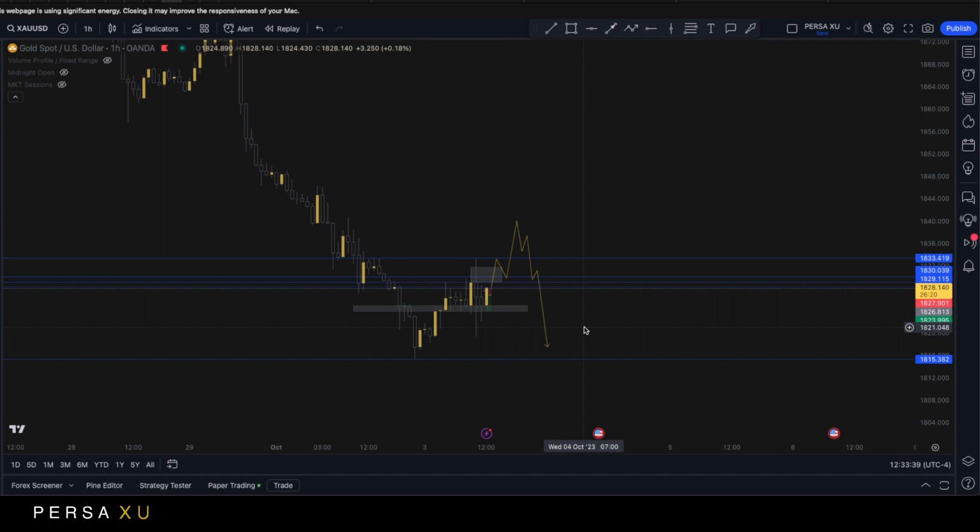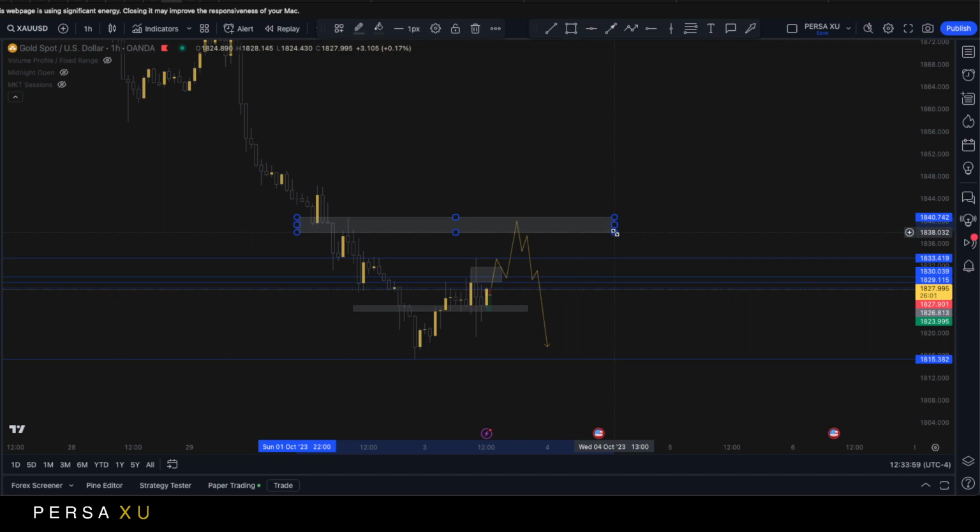Okay, that could be, if this pullback extends itself a little bit more to this stronger psychological price level of anywhere between 1838, I'm gonna leave it 1838 and 1840. Okay, that could also be an outcome.